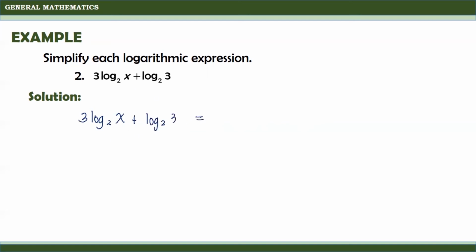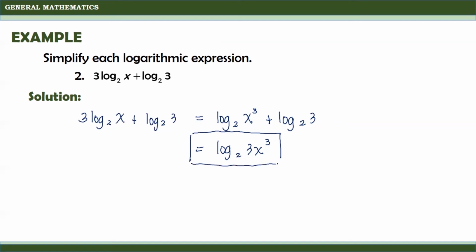Using property number 3, we can simplify the first logarithmic expression into logarithm of x cubed to the base 2, then copy the second term plus logarithm of 3 to the base 2. Next, since this is addition, we need to multiply the two powers. Hence, we're going to have logarithm of 3x cubed to the base 2. Therefore, this is the simplified form of our given.